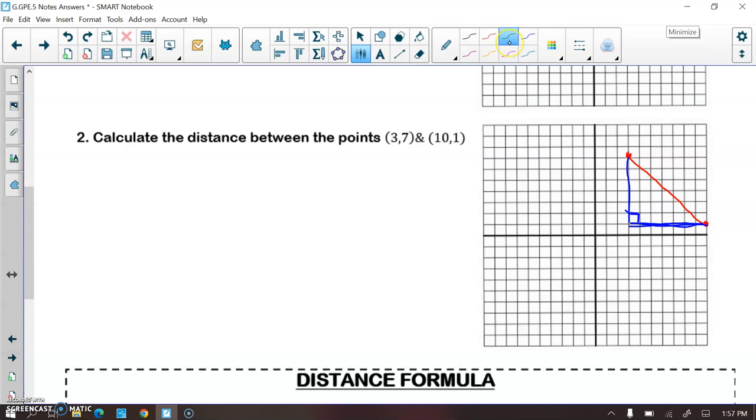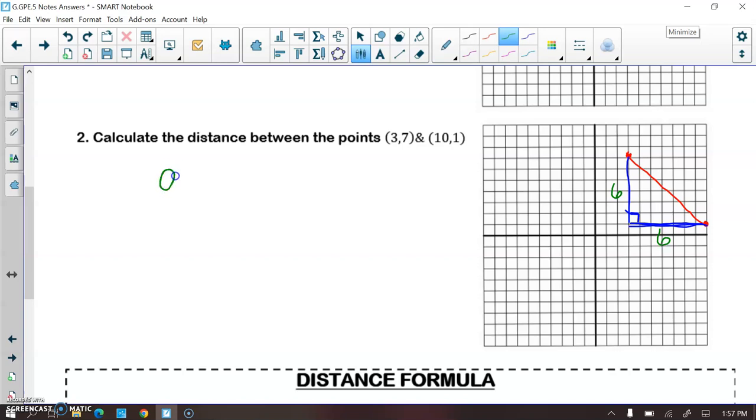And then counting, my vertical line is 1, 2, 3, 4, 5, 6 units long. And my horizontal line is 1, 2, 3, 4, 5, 6 units long. And so we can use the Pythagorean theorem to help us find the distance between these 2 points.